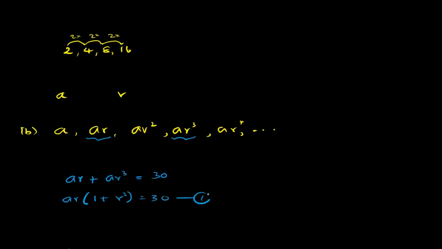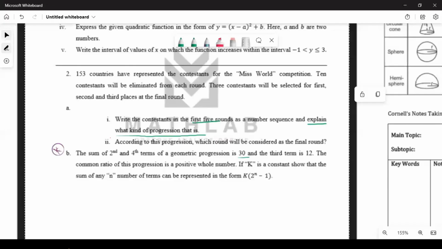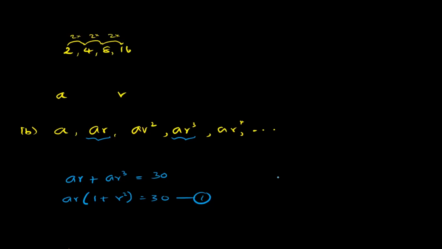I'm going to take this as the first equation. Now the second one: the third term equals 12. The third term is what? AR square. So the third term equals 12. This is my second equation.